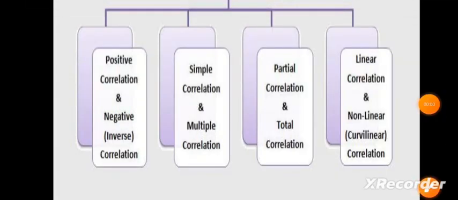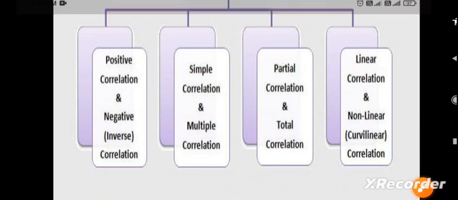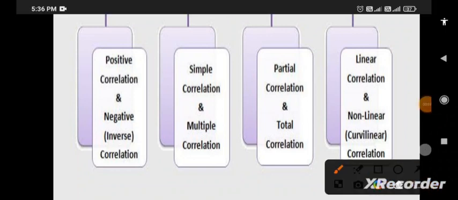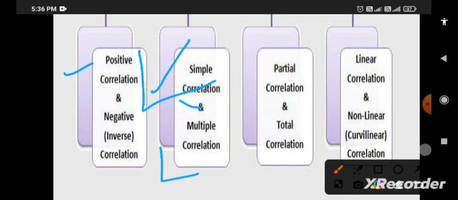Now let's see the different types of correlation. The first is positive and negative correlation. The positive correlation is a type of correlation in which the two variables are directly proportional to one another. That is, with the increase in one variable, the other variable also increases. Whereas in negative correlation, the two variables are inversely proportional to one another.